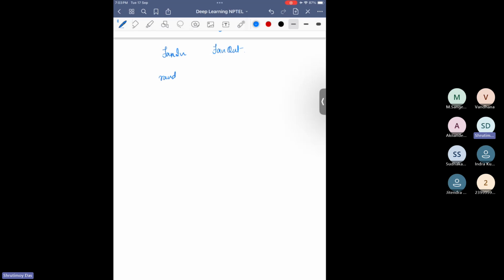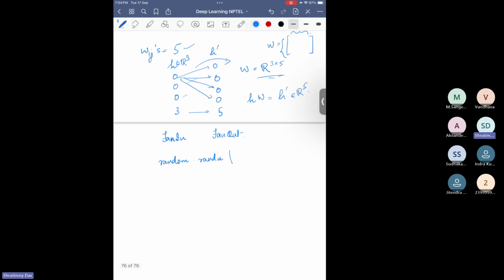If you have worked with NumPy, there is a package called random, and it has something called randn, and you just have to give the shape of the matrix. So I will give the fan in amount and the fan out amount.